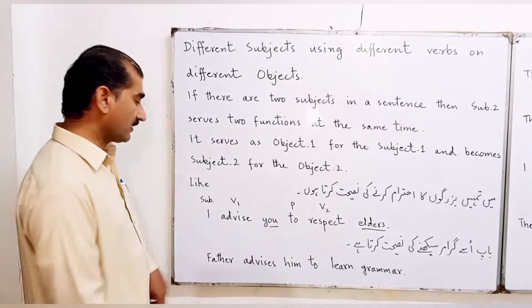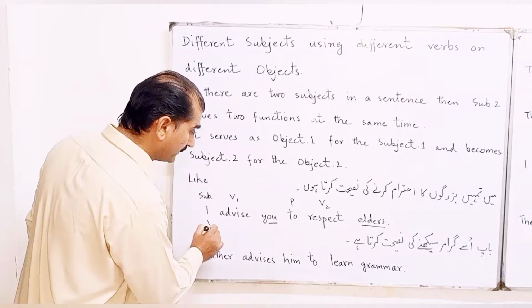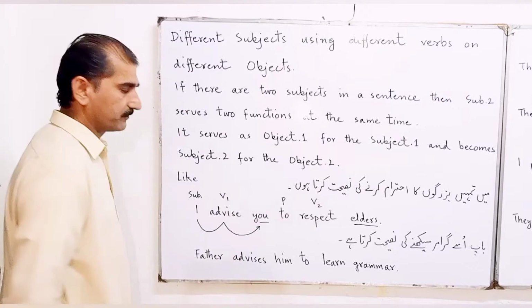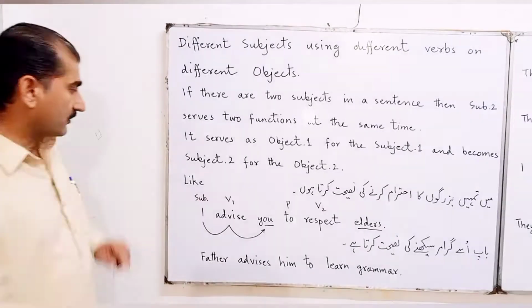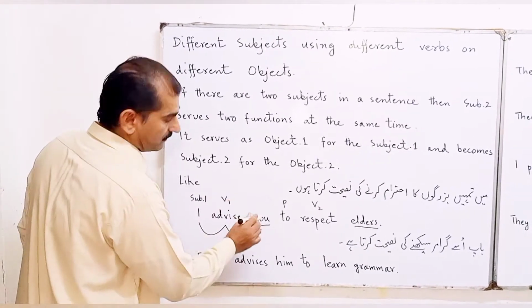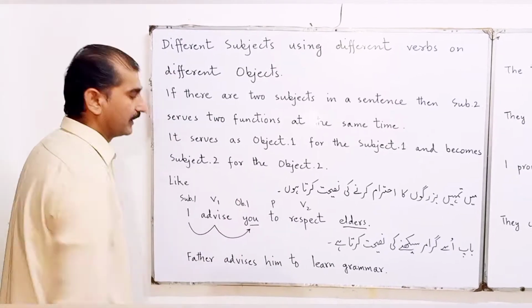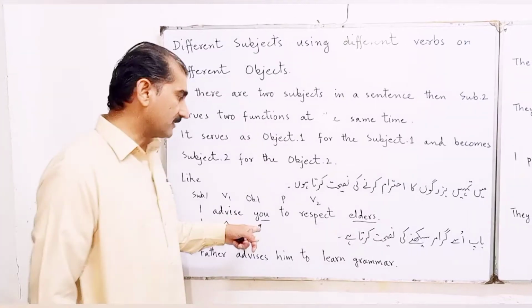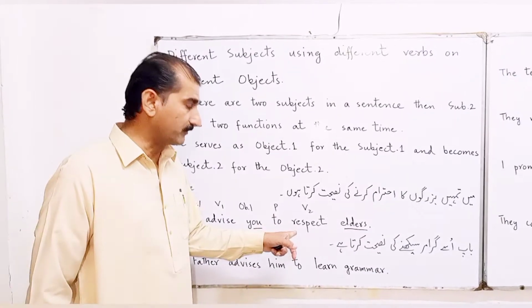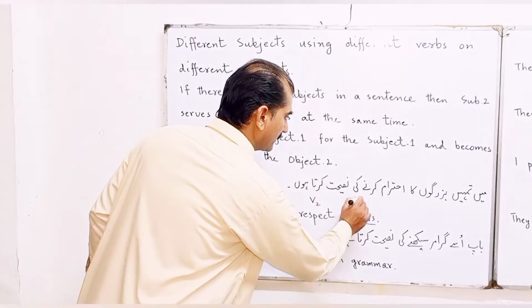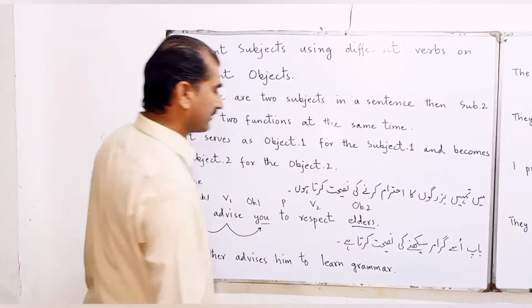Now check this out. I apply this verb on this object. For this subject 1, this you will serve as object 1. And at the same time, as it has to respect, it has to do something for those people, for the object second. This is our object second. Now let's check again.